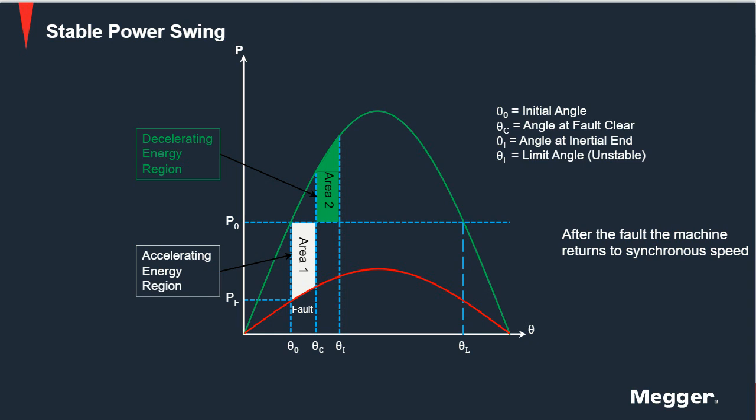If the amount of energy that we gain equals the amount of energy that we lost, then we are said to be in a stable power swing, because there was a swing, yes, the machine went and gained some speed, but then it came back and was able to return to a normal stable operating condition. That's normal.